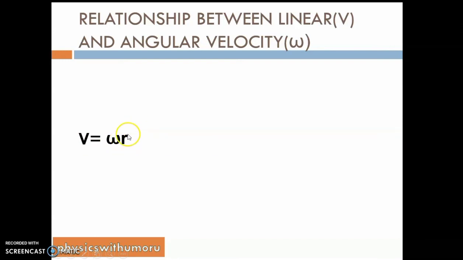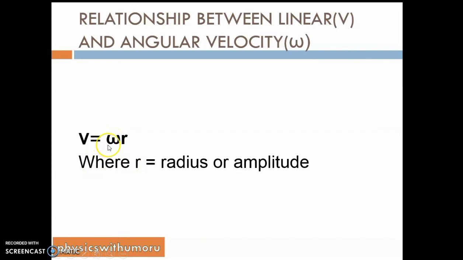This radius can also be replaced by the amplitude. The amplitude is the maximum displacement or the maximum distance of the body from the fixed position. So we have it that V is equal to omega times R, where omega is the angular velocity and R is the radius or the amplitude, just like I said before.